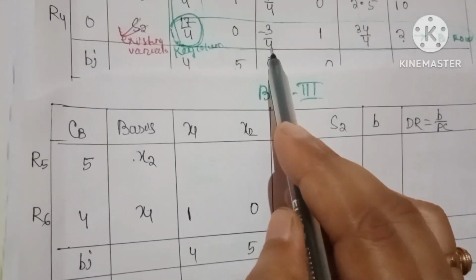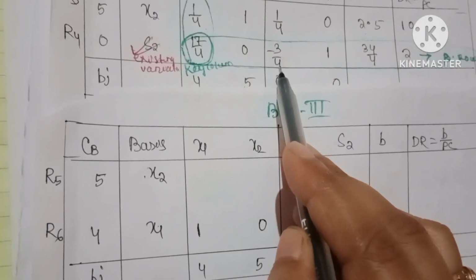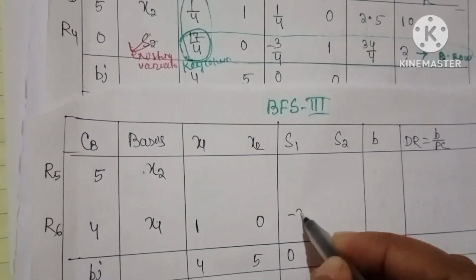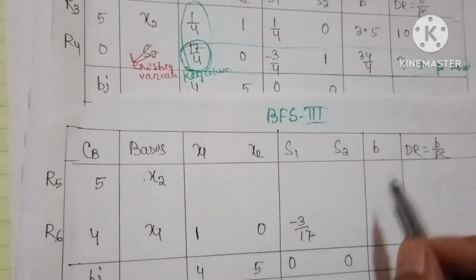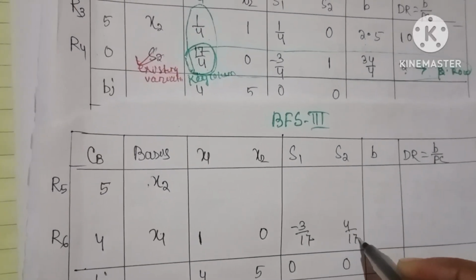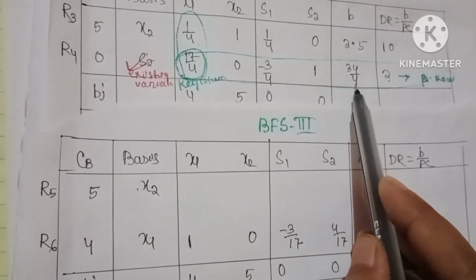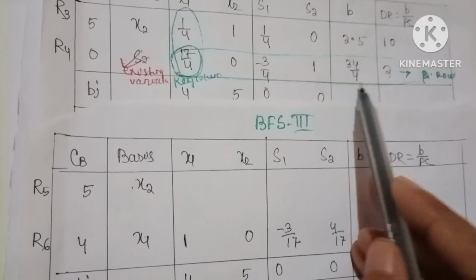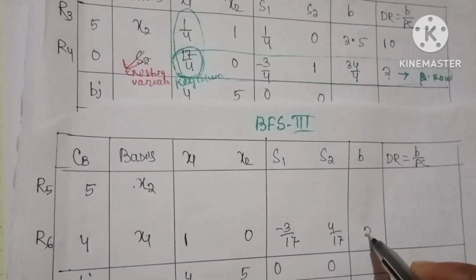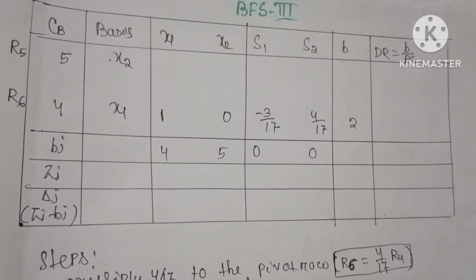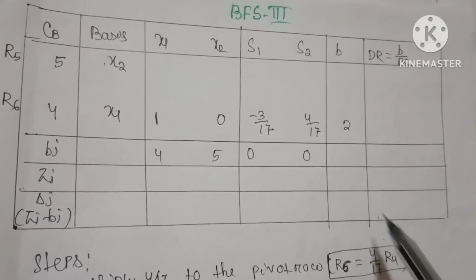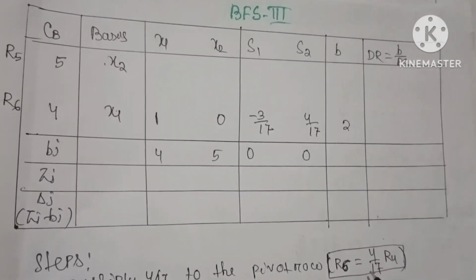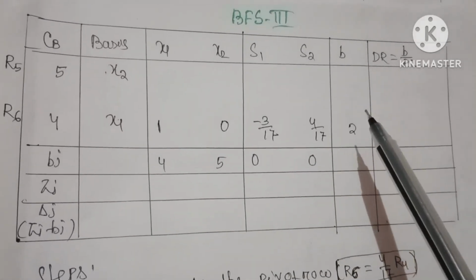Then minus 3 by 4 into 4 by 17 equals minus 3 by 17. Then 1 into 4 by 17 equals 4 by 17. Then 34 by 4 into 4 by 17 equals 2. So by applying this formula, the new value equals the old value multiplied by 4 by 17, we get these values.